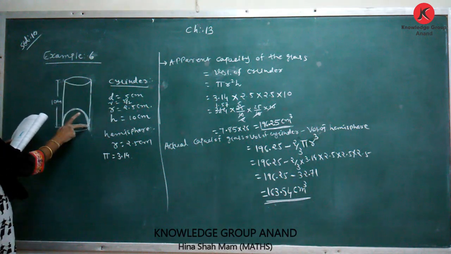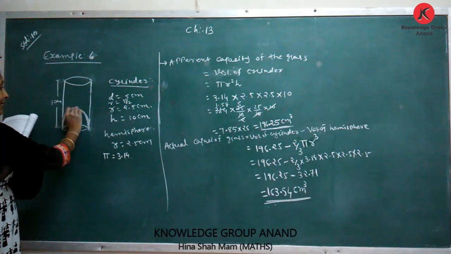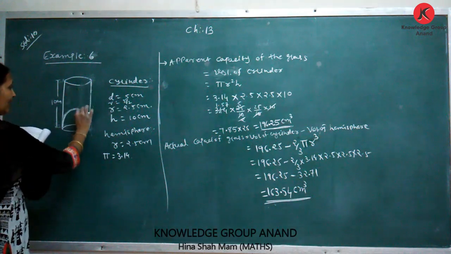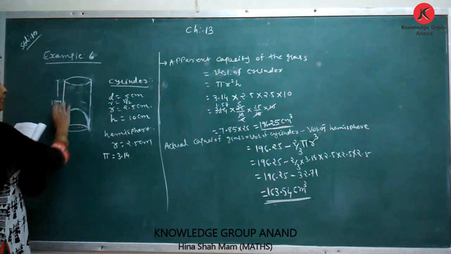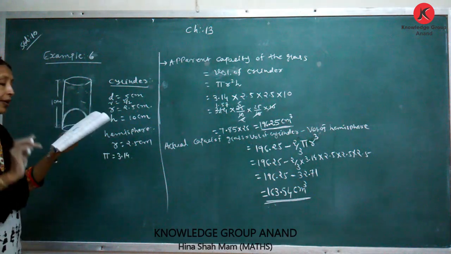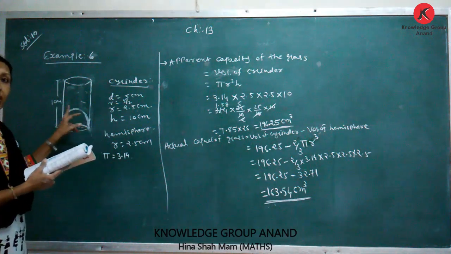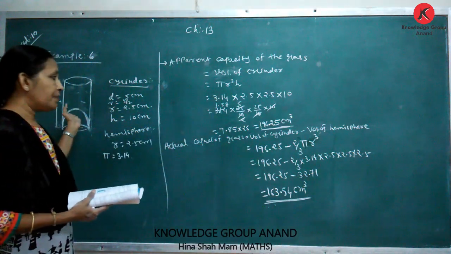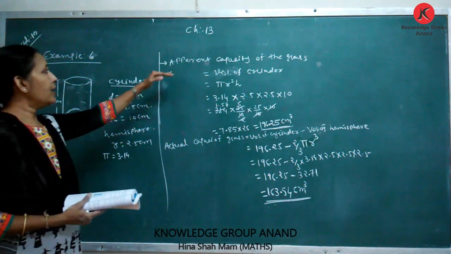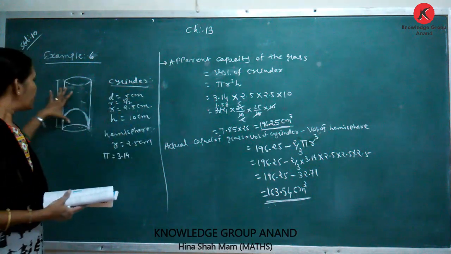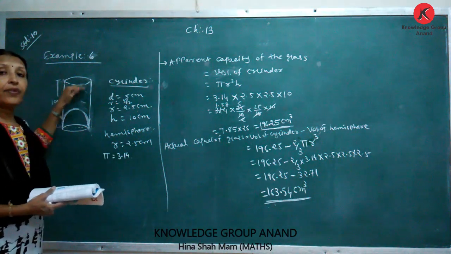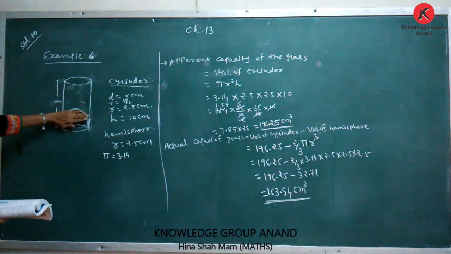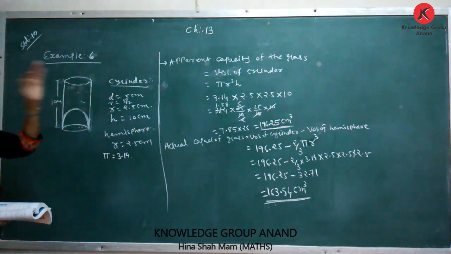Actual glass capacity is equal to volume of cylinder minus volume of hemisphere. Using this formula, for the apparent capacity of the glass, total capacity is the volume of cylinder. Without the hemispherical shape, its glass capacity is equal to pi r square h.